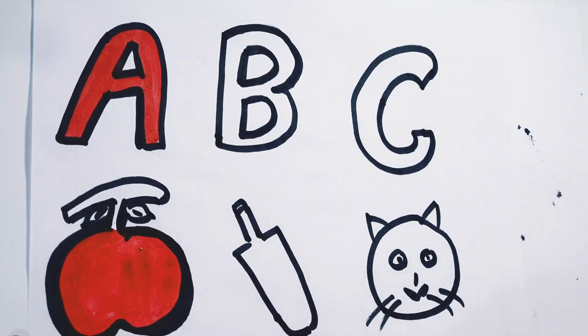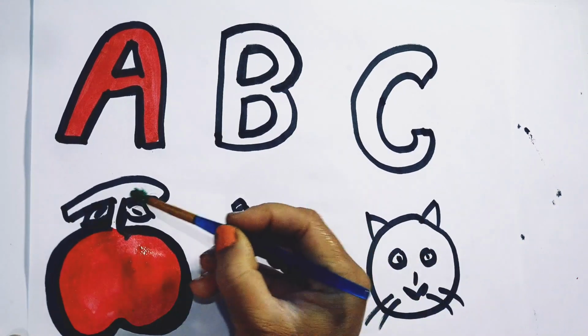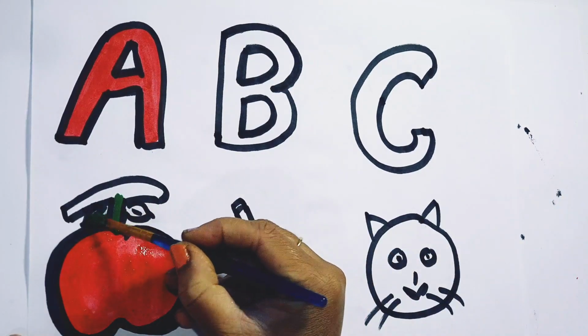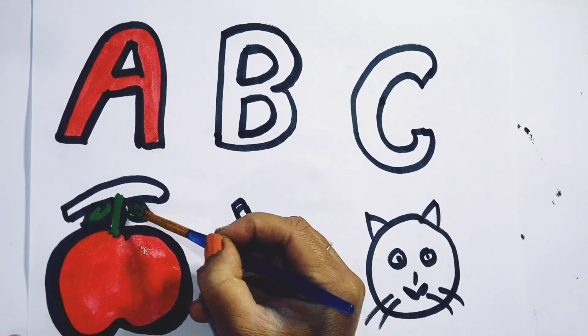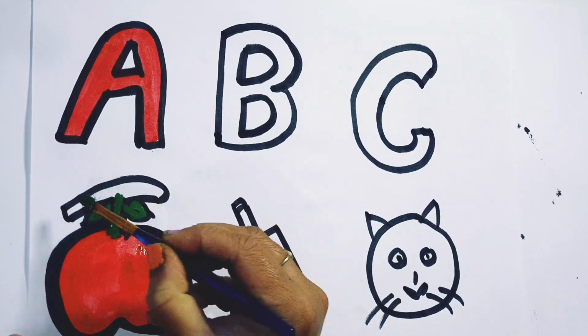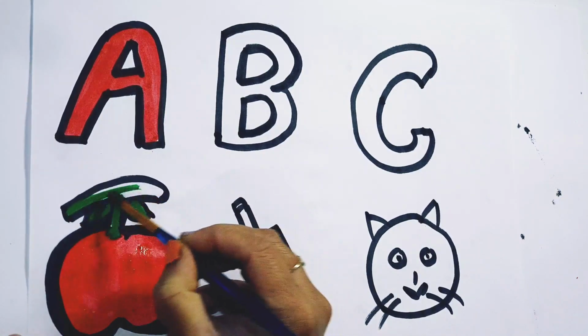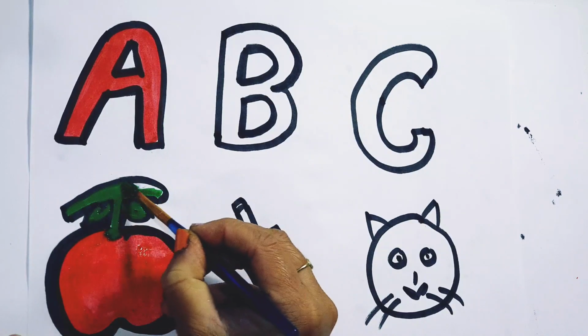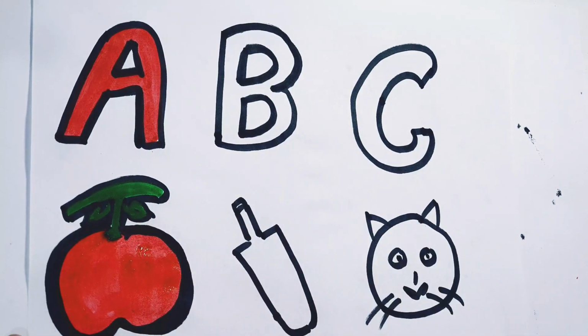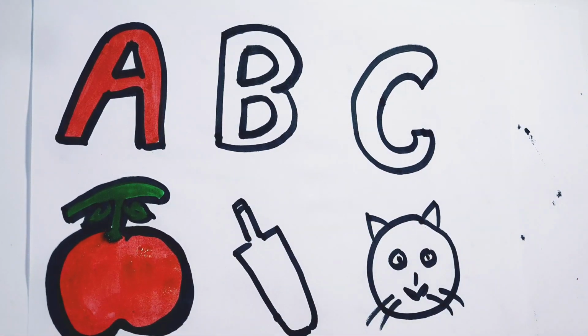A for apple. Green color. Leaves. A for apple.